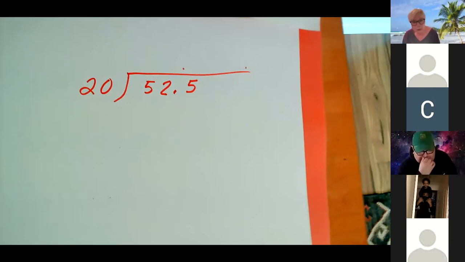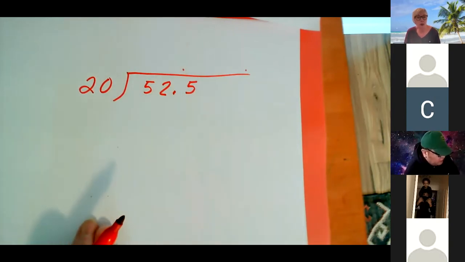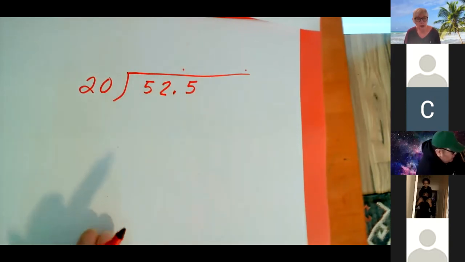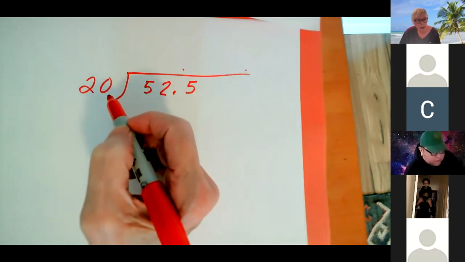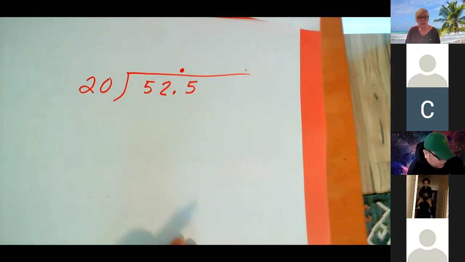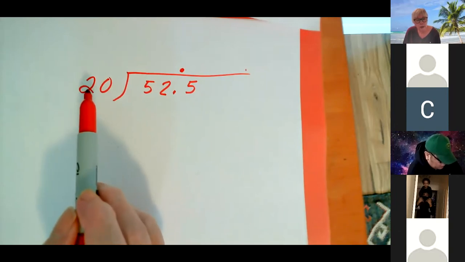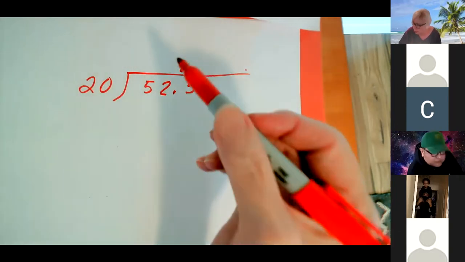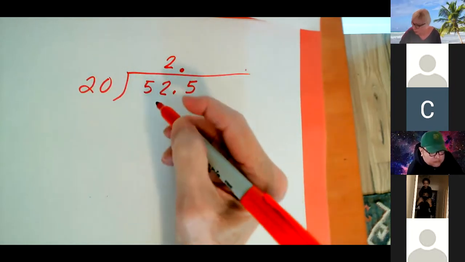I'm going to do a few, and we'll clearly need to work some more on this, but this is 20 divided into 52.5. If this is a whole number without a decimal in it, you can immediately bring this decimal point straight up and start to divide. So 20 divided into 52 goes twice. 2 times 20 is 40.